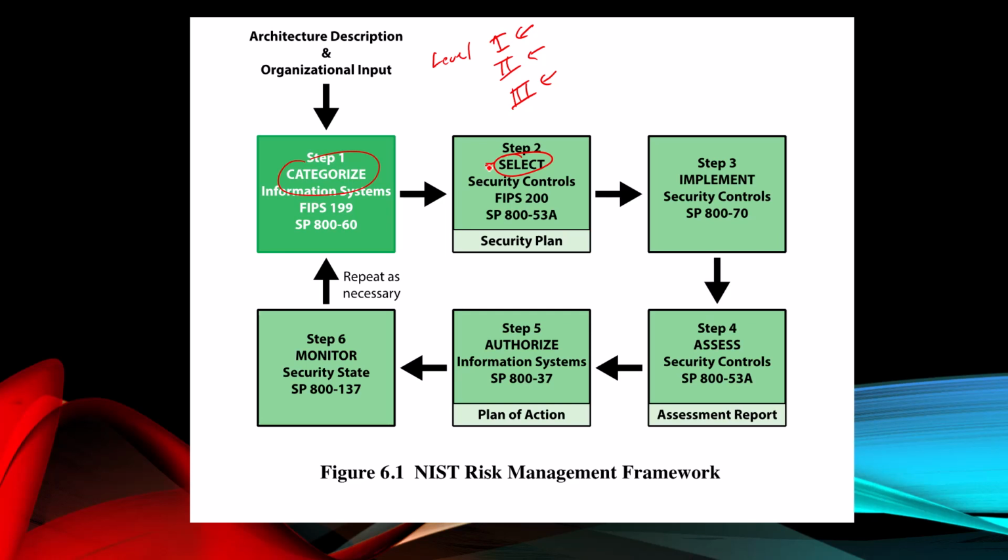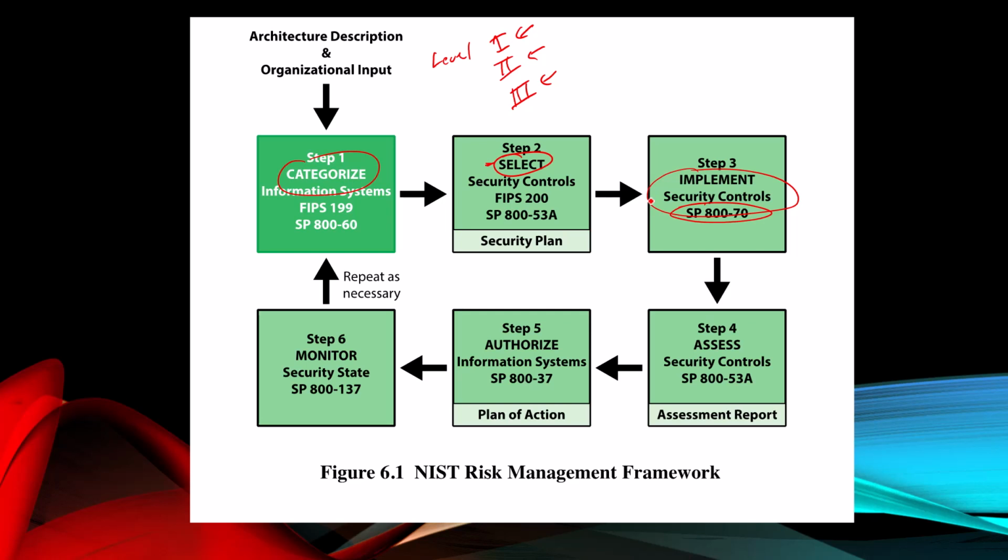That means if it's secret, top secret, whatever the case may be, you're going to have the appropriate controls based off of the nature of the object in that category. Step 3 is the actual implementation of said controls, and you're going to notice that's part of the SP 800-70, meaning as we look at certain controls, we're going to have to look at how to properly implement them.